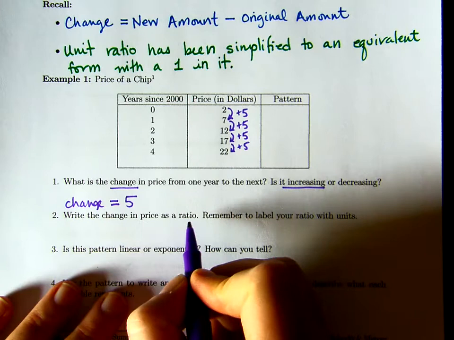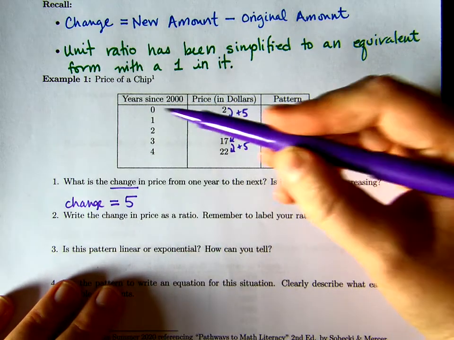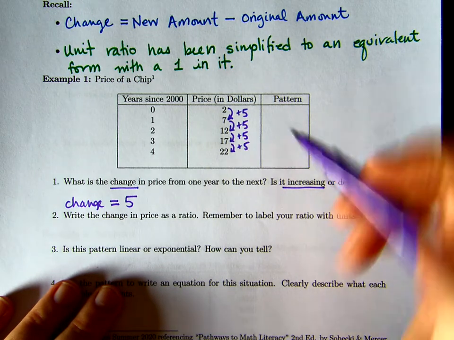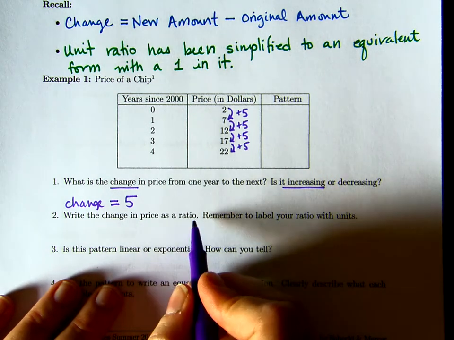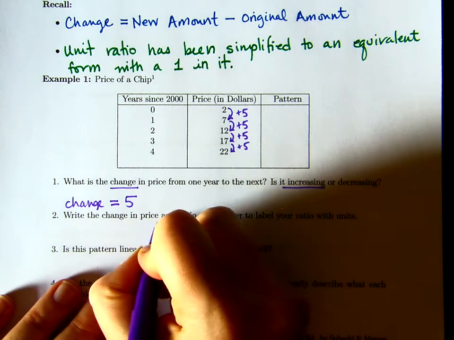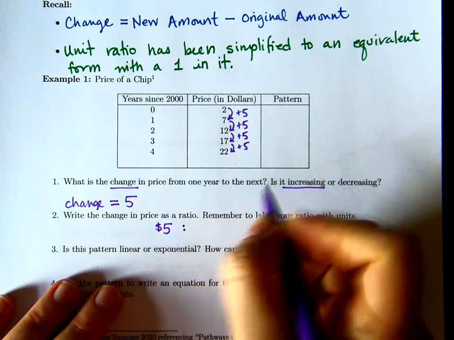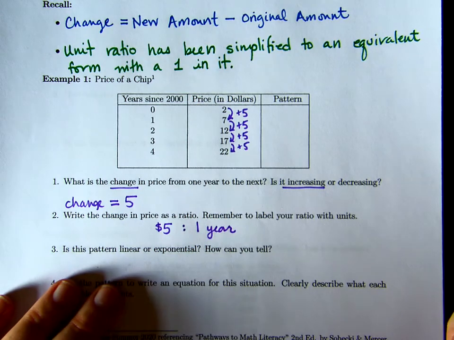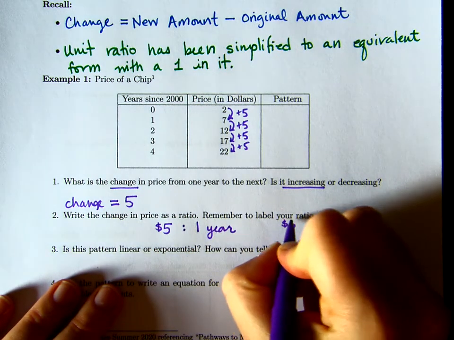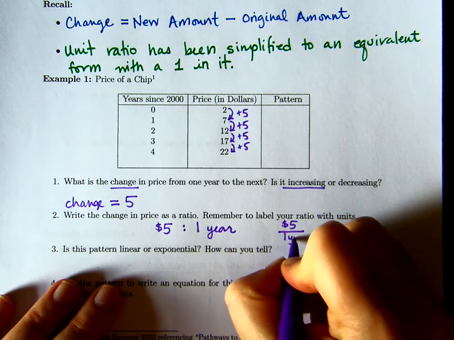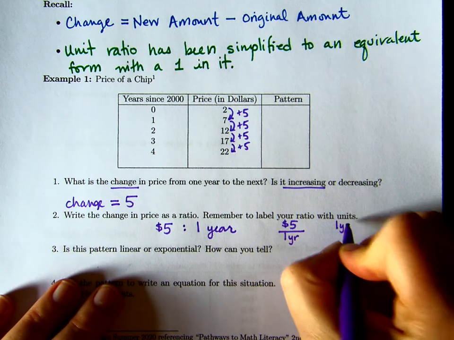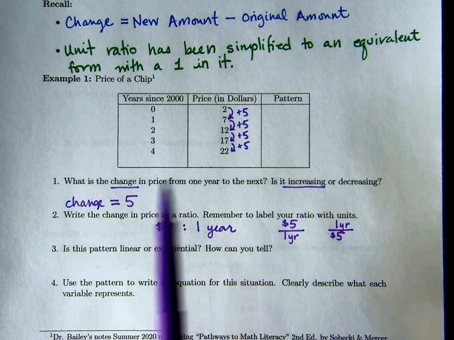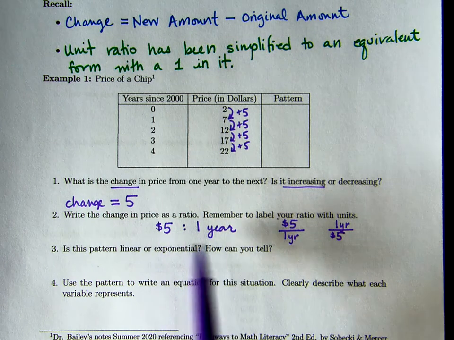So I said every year that goes by, it increases by $5. So as a ratio, $5 per 1 year. Or if you want to write it like this, $5 per 1 year, or in 1 year it increased by $5. However you want to write it, but nonetheless, the change in price here is that ratio.